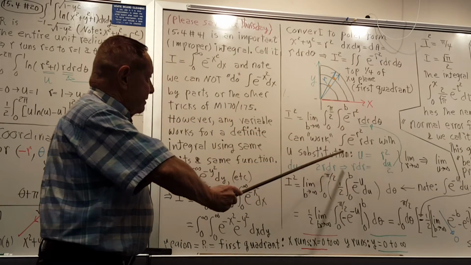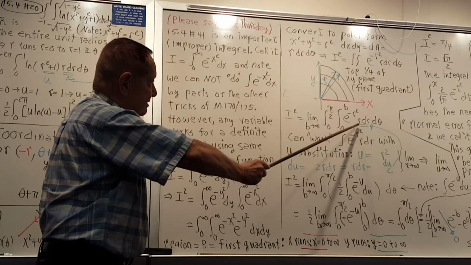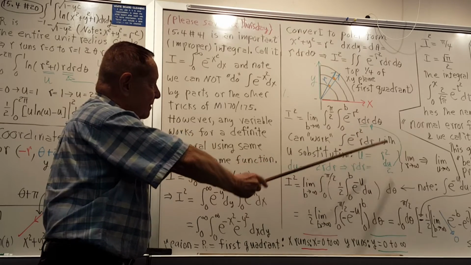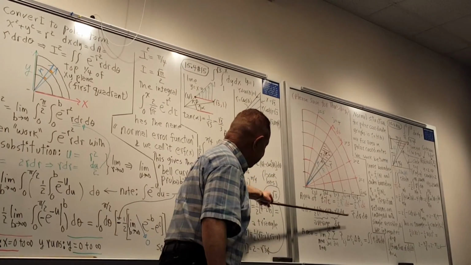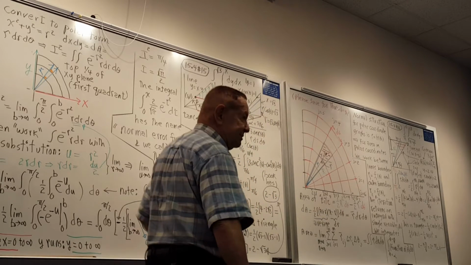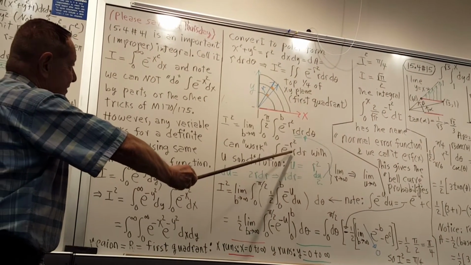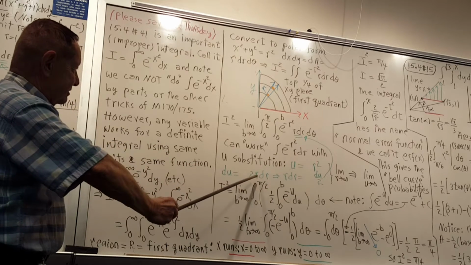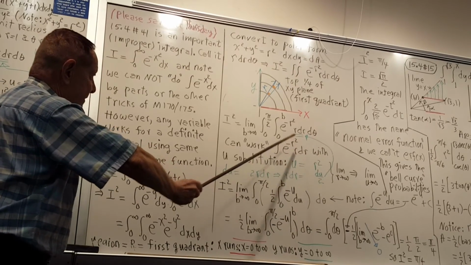So you see, this you can work. e to the minus r squared, because now we have that magic factor of r, and the r came from factoring the difference of squares. And so we can do u substitution. If u is r squared, du is 2r dr, so the r dr is du over 2.